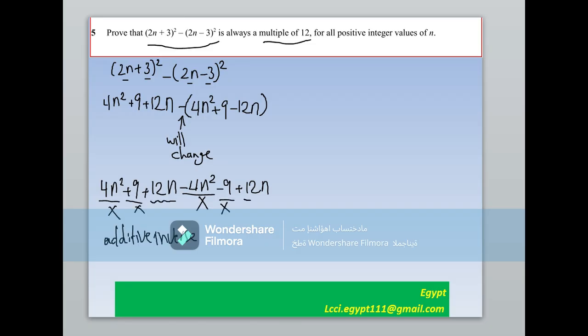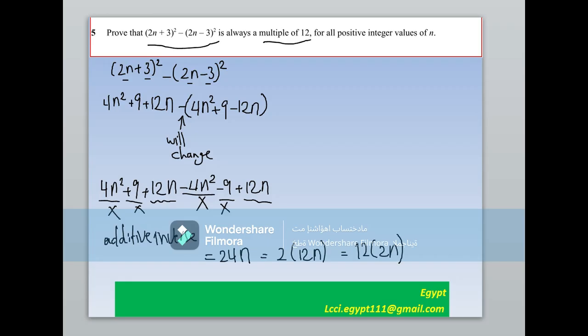But these terms are like terms. The expression will be 24n, and 24n is twice 12n, or you may say 12 times 2n.